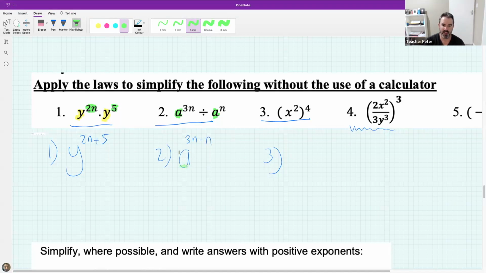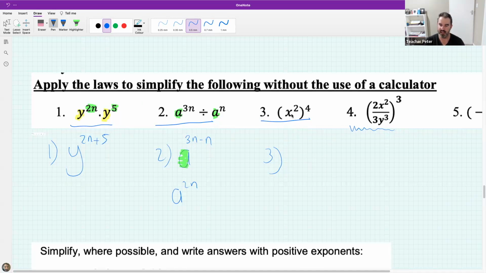We know the bases are the same, but we subtract the powers. But what do we get when we subtract those powers? Well, 3n minus 1n gives us 2n. And Callan and Zandre definitely get that. So that's perfect.